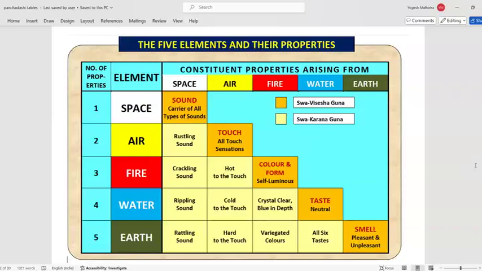So from subtle to gross, the number of properties keeps on increasing. That is why we say, how do we recognize something as subtle? Anything that has lesser properties, कम गुण जिसमें होंगे वो और सूक्ष्म होगा, and that is why it will be more all pervading. And so we can come finally to the one without any gunas.